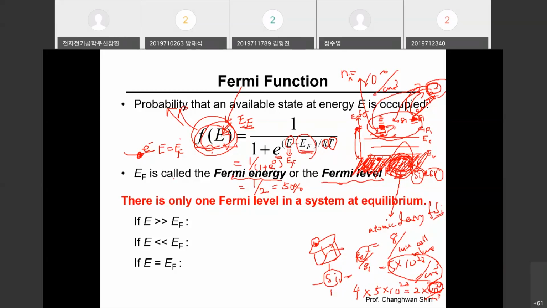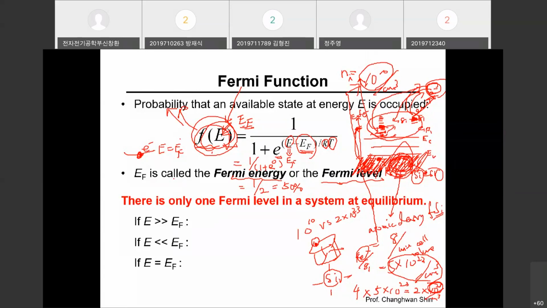But in the conduction band, the total number of electrons available is simply 10 to the 10. Compare 10 to the 10 versus 2 times 10 to the 23. Which one is higher? Now you may understand that 10 to the 10 is nothing compared against the total number of electrons in the valence band.